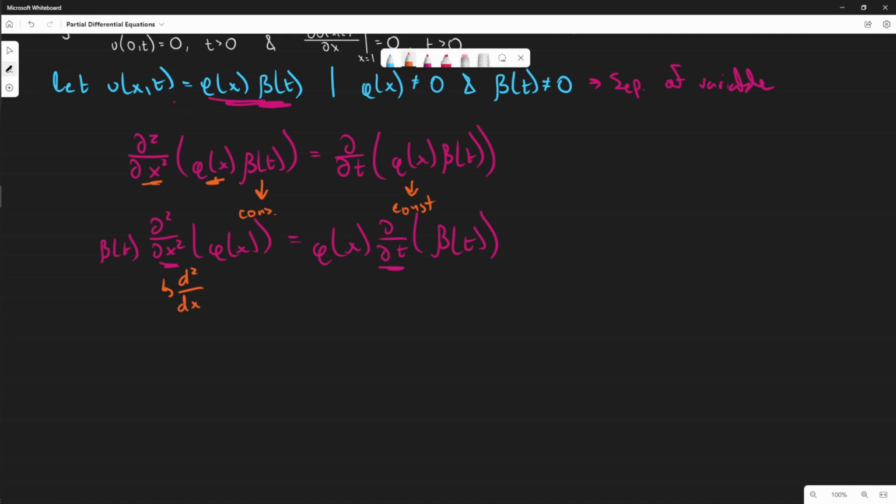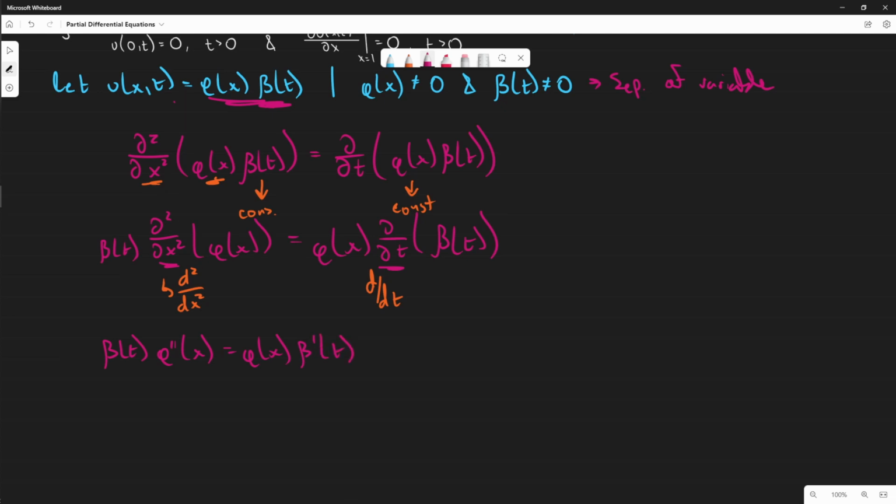Instead of the second partial derivative with respect to x, it is just the second derivative with respect to x, and the same goes for t. We already know how to write those. So we end up getting beta of t multiplied by phi double prime of x is equal to phi of x multiplied by beta prime of t.